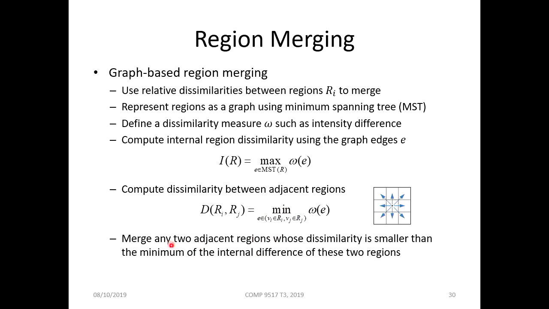Then you come up with a rule like this: merge if any two adjacent regions have a dissimilarity that is smaller than the minimum of the internal differences of the two regions. Because you have two regions, they both have internal differences. You take the minimum of that, and then you merge if the cross-region dissimilarity is smaller than the minimum of the two. This is one heuristic that people have been using for some region merging applications.